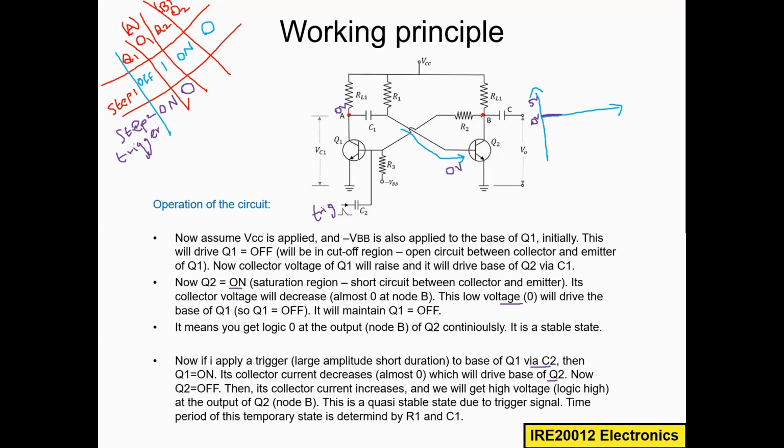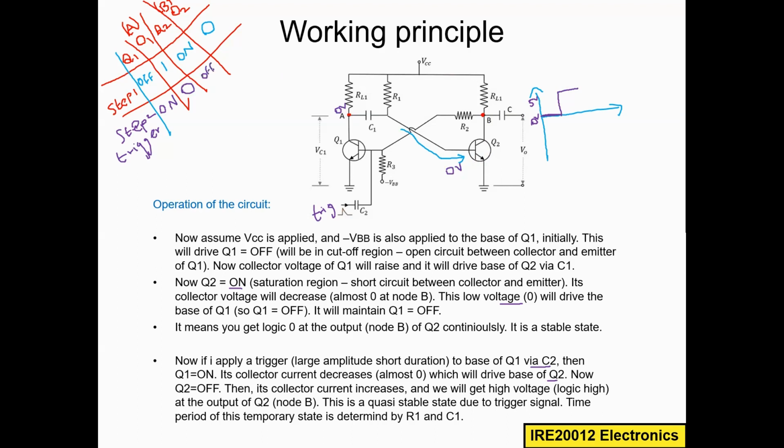So whatever voltage accumulated at this node from VCC will rise, and it will become logic 1. So now the voltage at this node will be logic 1. Remember, because of this 0 volt, Q2 goes to off.